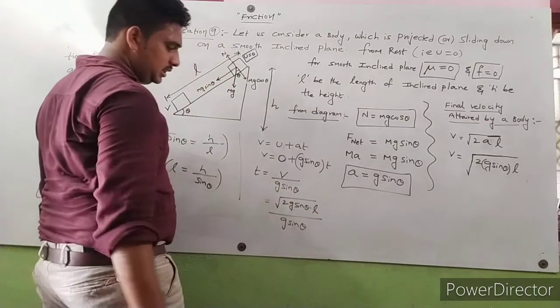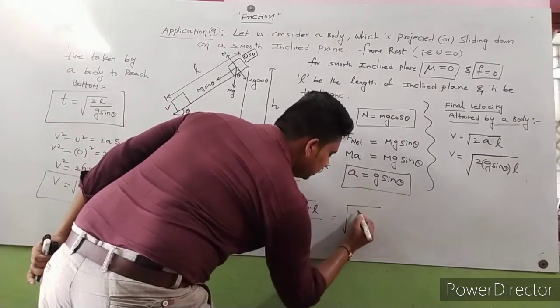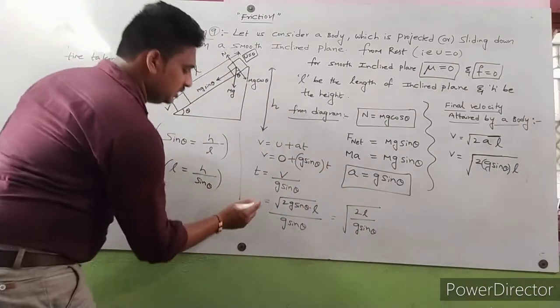So what we got here? The root of g sin theta cancels, and finally we got T equal to 2L by g sin theta. This is the time we got.